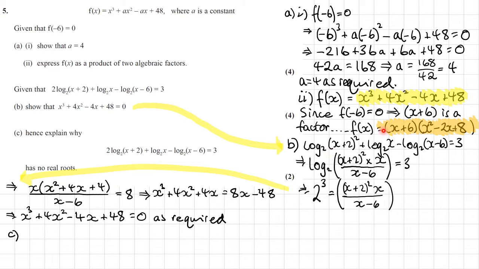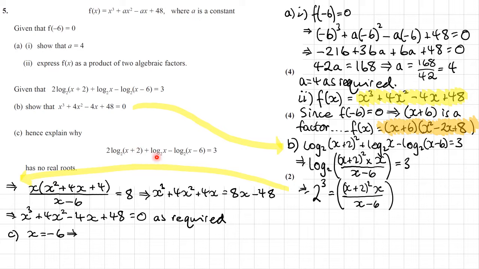So if I've got x plus 6, one root would be x equal to negative 6. Now let's see if we can actually use that in here. If I made x equal to negative 6, I would end up doing the log of minus 4 here, and the log of negative 6 here.